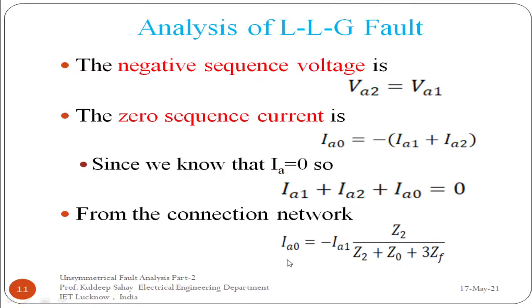While IA0 you can get from the current division rule, since it is flowing opposite to the main current, so the minus sign has been taken. This is the minus sign, IA1 into Z2 divided by Z2 plus Z0 plus 3ZF. This is by the current division rule.